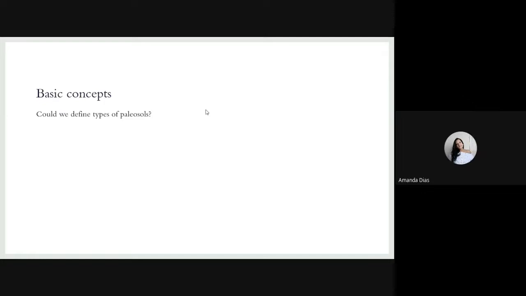I didn't finish the text, but I understand about the types of paleosols.